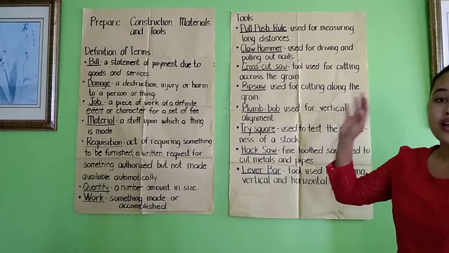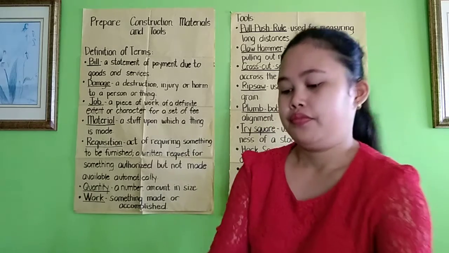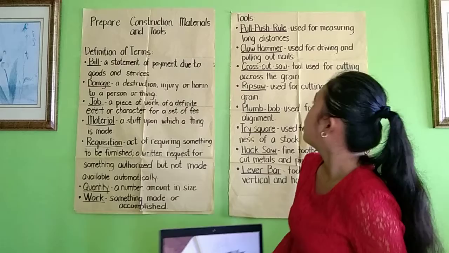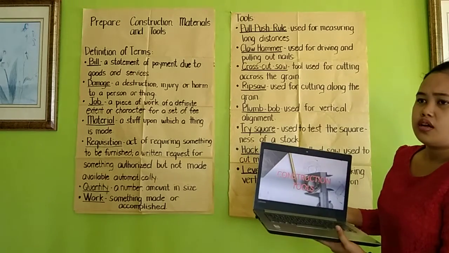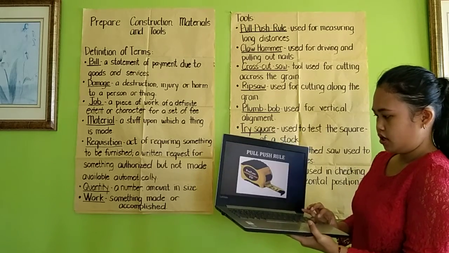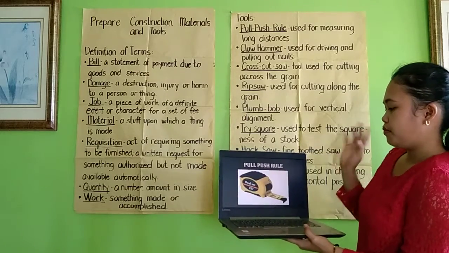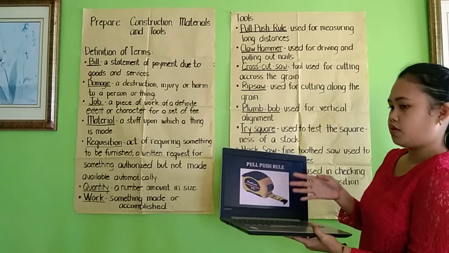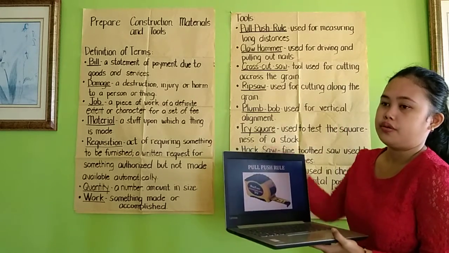These tools come with different uses. The pull-push rule is used for measuring long distances. This is what a pull-push rule looks like. It comes with inches, centimeters, millimeters, and meters.